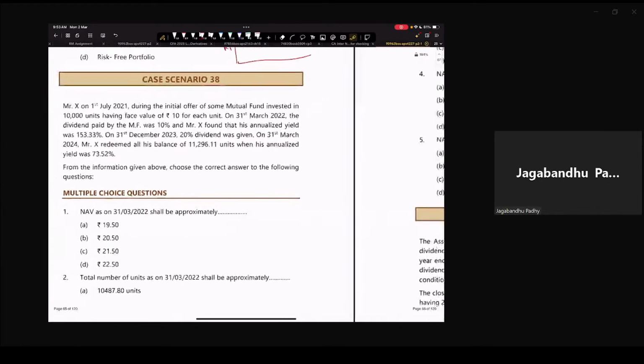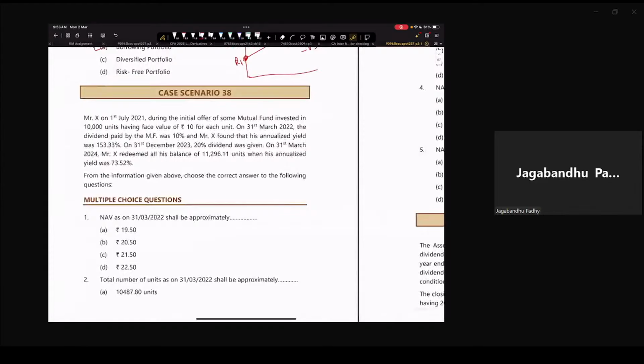Now, let's do it one by one. So NAV as on 31st March 2022. As on 31st March, the mutual fund has paid 10% as dividend, and annualized yield at that time was 153.33%. Now we know this 153.33% would have been arrived at from the closing NAV.